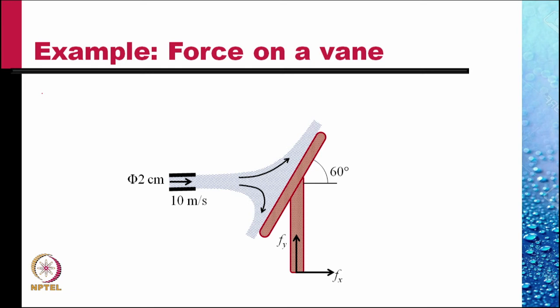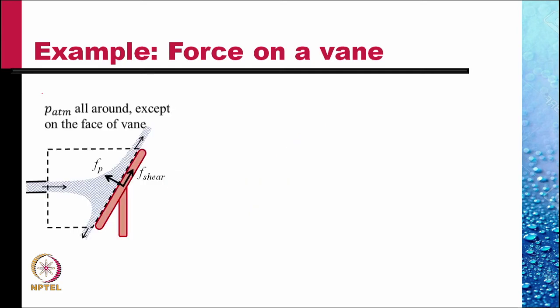Now, to determine Fx, we need to write the x component of the momentum equation, and to determine Fy, we need to write the y component of the momentum equation. What control volume do we choose? We could choose a control volume like this, where the control surface runs next to the vane.